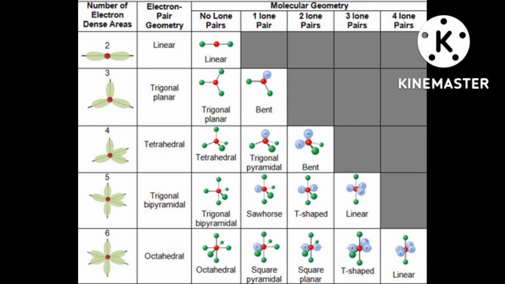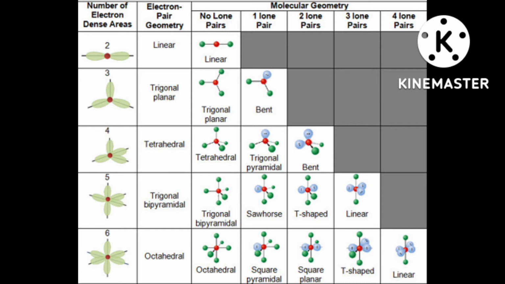But when there is one lone pair or more than one lone pair, then you will find a special shape, meaning a deviation from the original shape. In that case you have to consider 6 points when you see the structure.